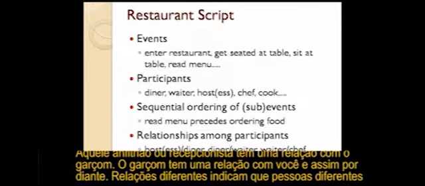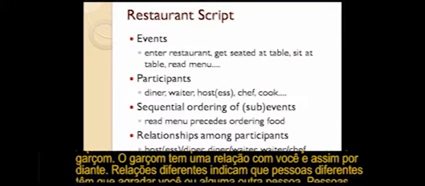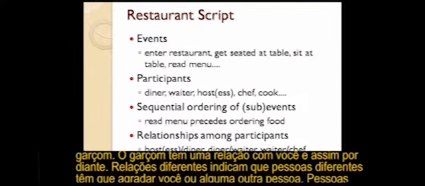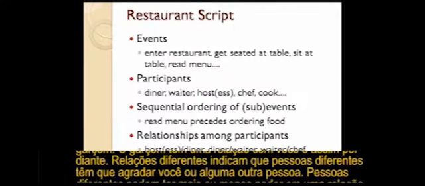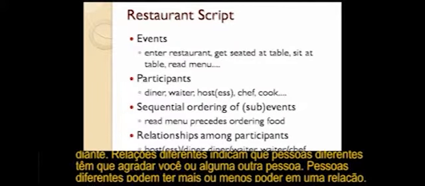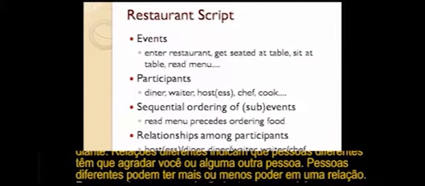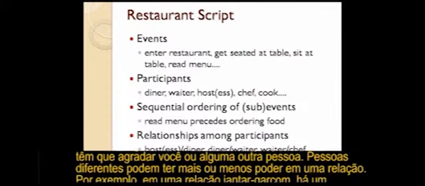The waiter is in a relationship to you, and so on and so forth. Different relationships mean that different people have to please you or someone else. Different people may have more or less power in the relationship, right?